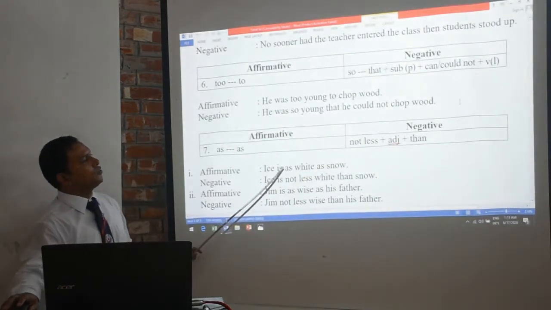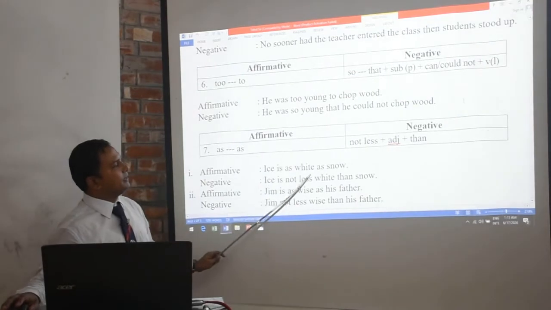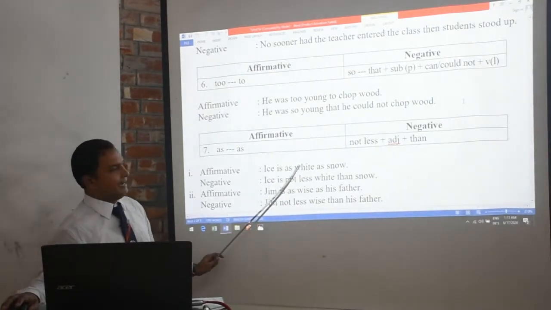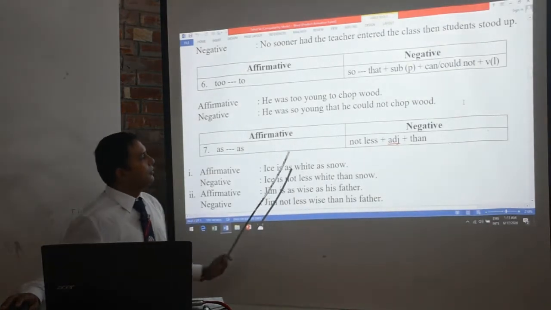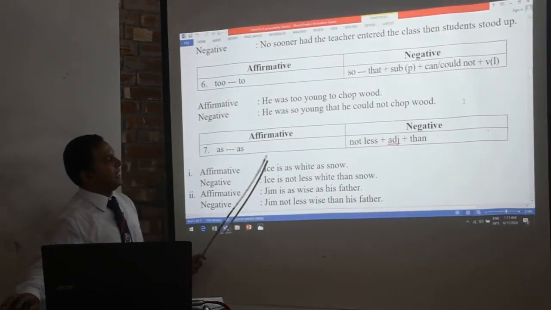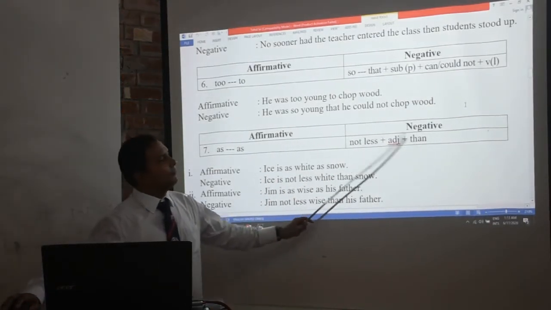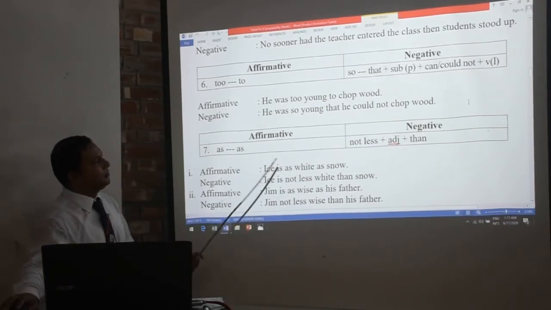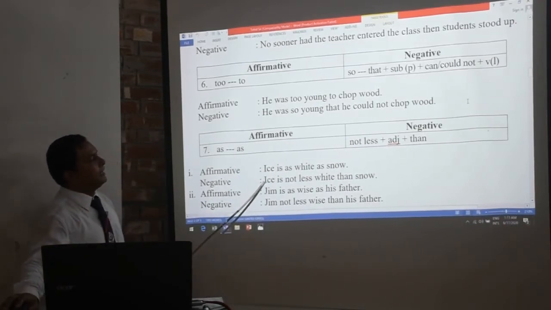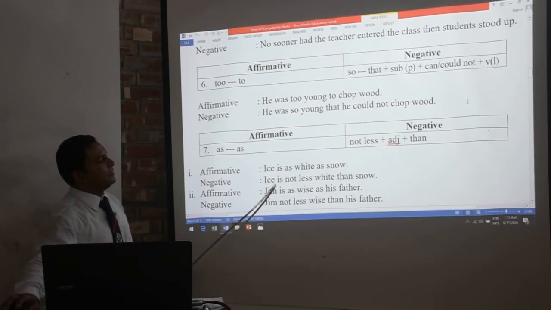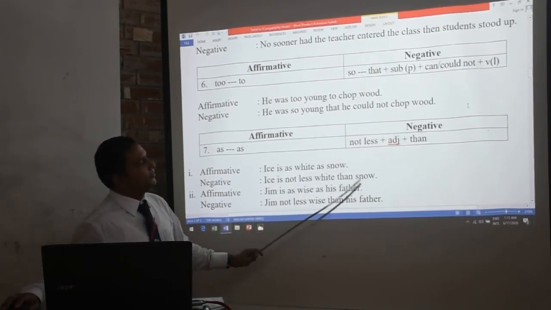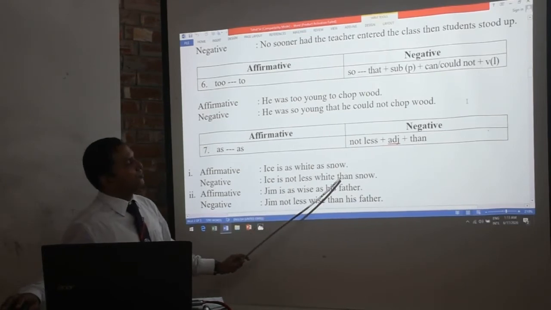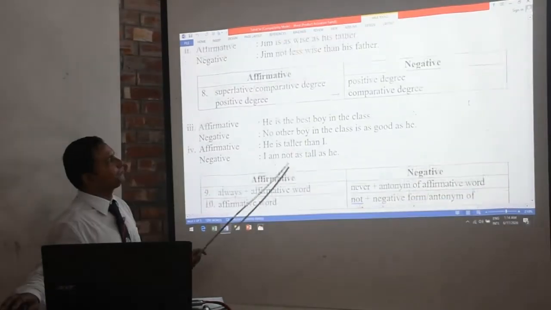So if you see two "as" and an adjective in between these two "as," you have to use "not less" for the first "as" and then for the second "as." So the negative answer is: Ice is not less white than snow. For this "as" we used "than."